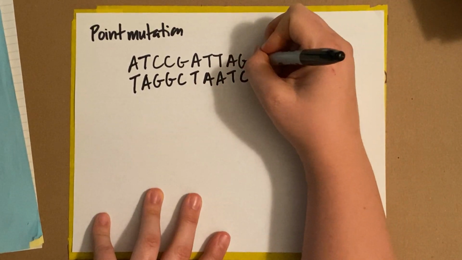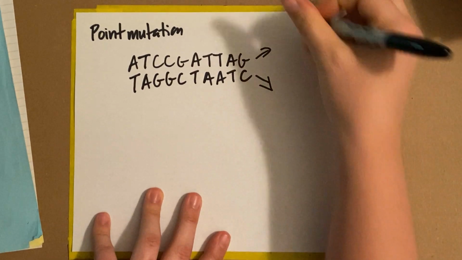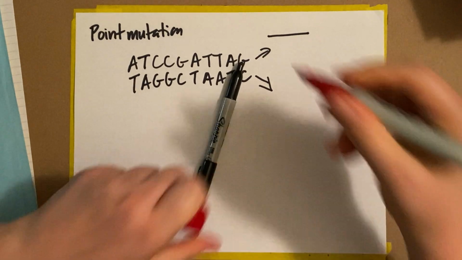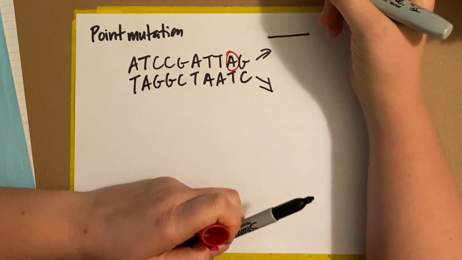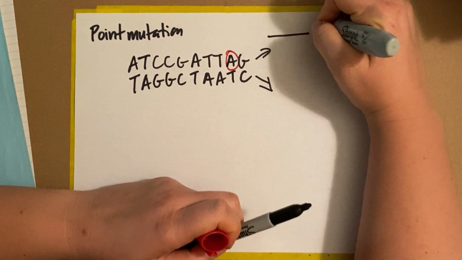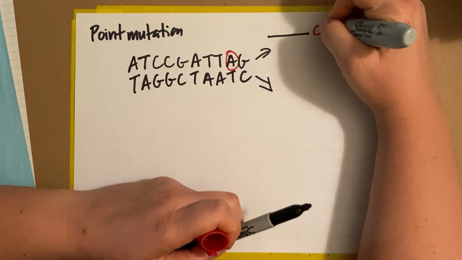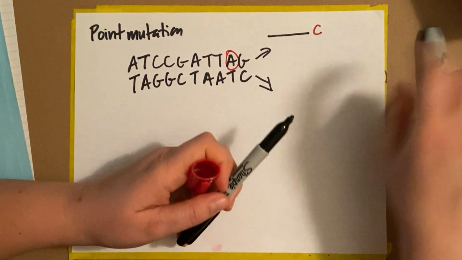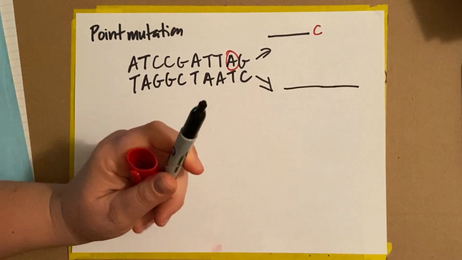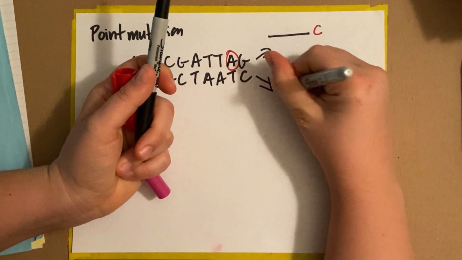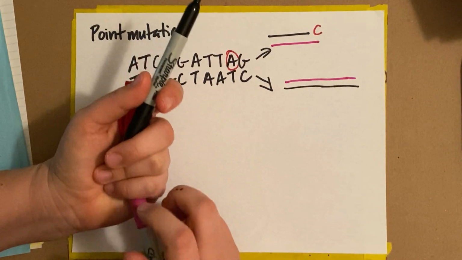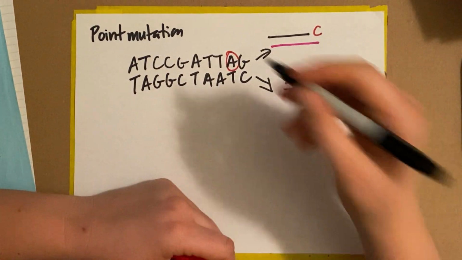Let's say that when we're going through the process of replication, making our strands, everything's okay except this A gets turned into a C. Down here, everything is completely normal, but for some reason when this other one was adding on DNA, it added a different base and turned it into a C.